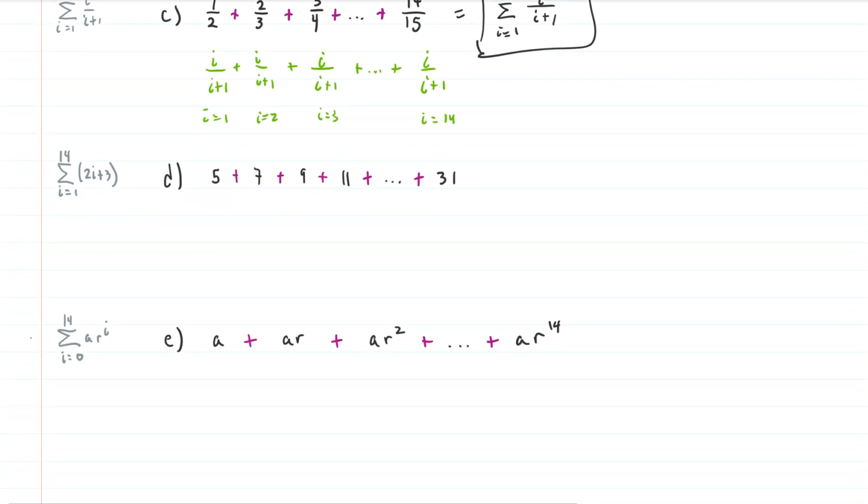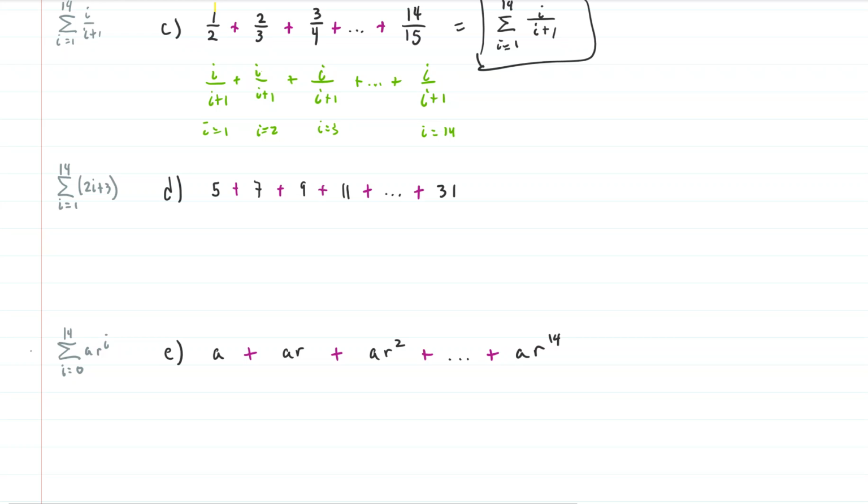D. Here, let's just look at the sum and see what we can glean from it. We start at 5, and we go to 7, 9, 11. It looks like we're going up by 2 until we get to 31. We start at 5.